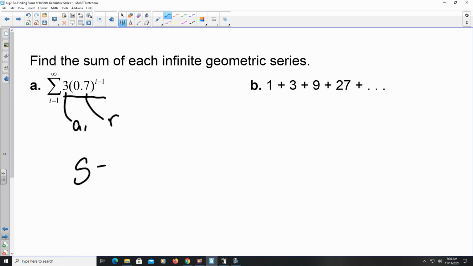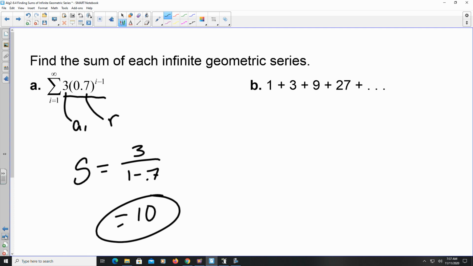So the series is going to be equal to a sub 1, which is 3, divided by 1 minus 0.7. All right, 0.7 is less than 1. I can move forward. So 3 divided by 1 minus 0.7 is going to give me a result of 10. So 10 is my series sum.